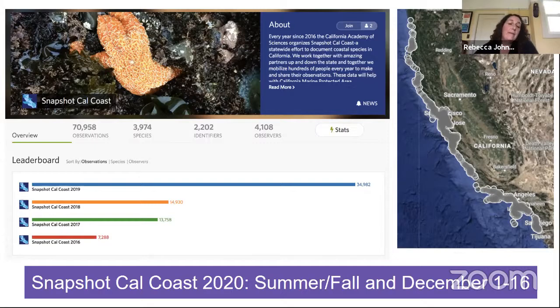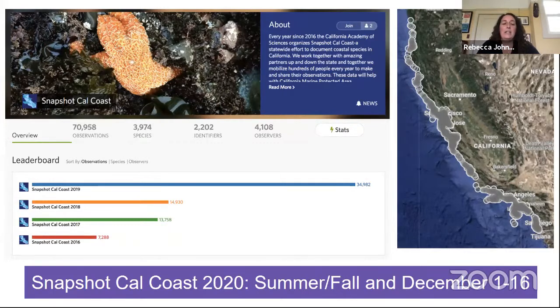And so together, over 4,000 people have made observations during the Snapshot CalCoast period that have helped us generate 71,000 observations of almost 4,000 species along our coast. And these data are the kind of backbone or the framework for the work that Gio is doing. And he'll explain a little bit more. He'll spend a lot more time about that next.